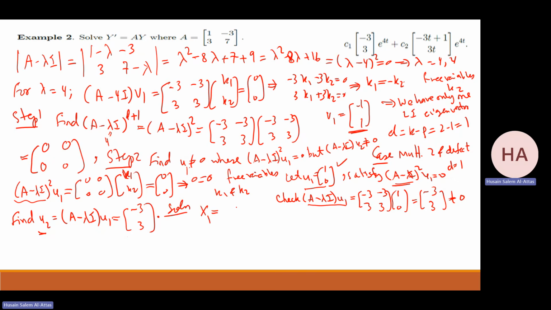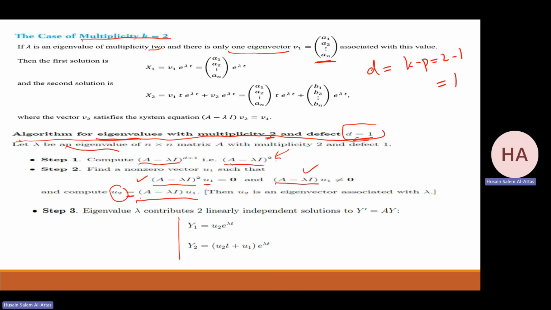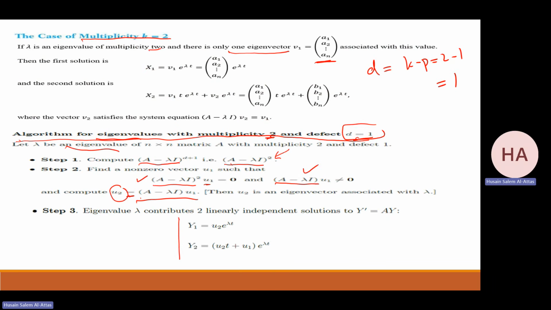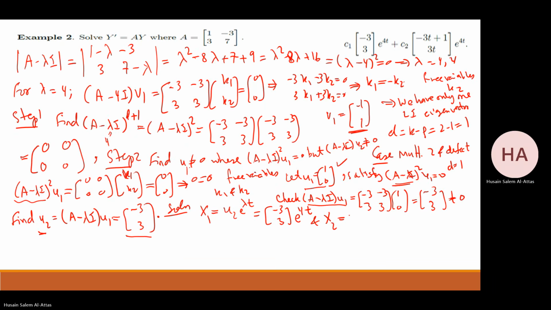X1 will be U2 e to the lambda t, and that equals, what is U2? This is my U2, minus 3, 3, times e to the 4t. X2, apply the formula. The formula says U2 t plus U1, times e to the lambda t.